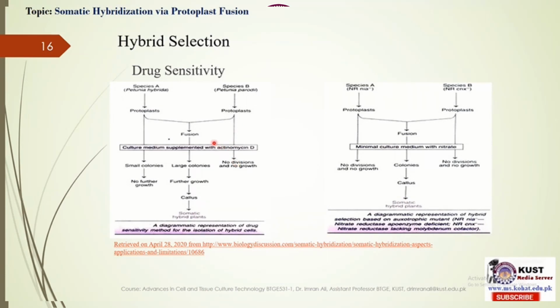When these two species are fused, the fused protoplast will produce large colonies because it will derive the characters from both the protoplasts. So it will acquire the character of large colonies from one parent and it will also acquire the character of growth on the drug actinomycin D. So it is only the heterokaryon which will acquire the qualities of species A and species B and then it can grow on the selective medium.